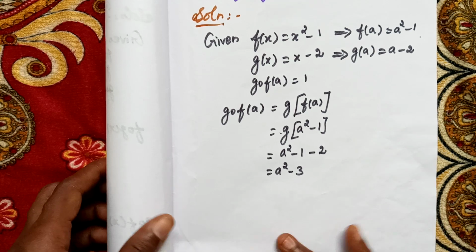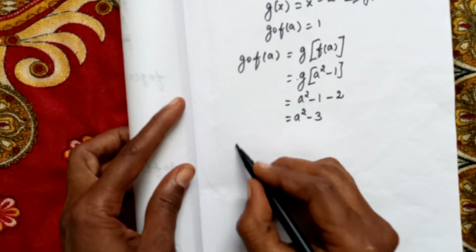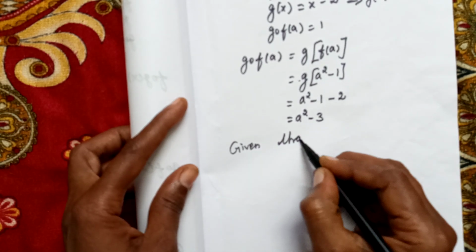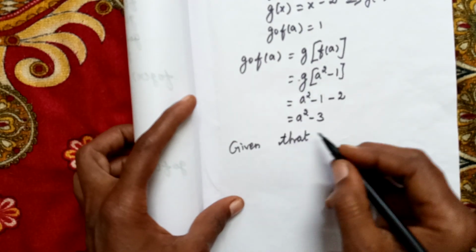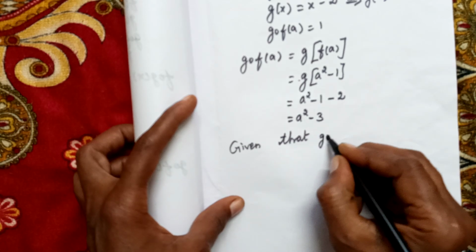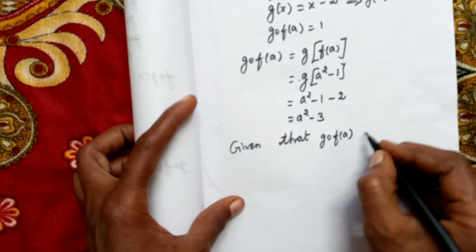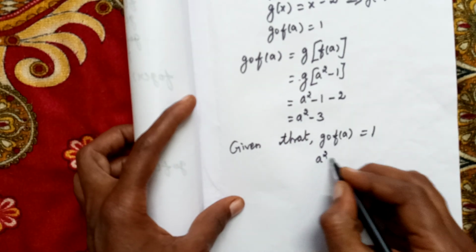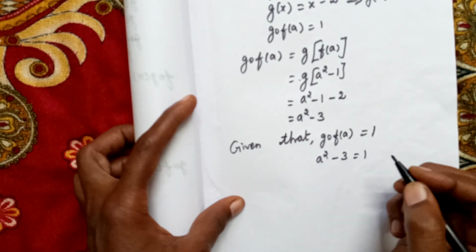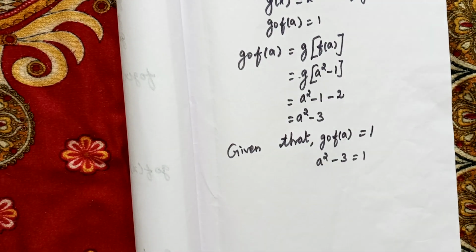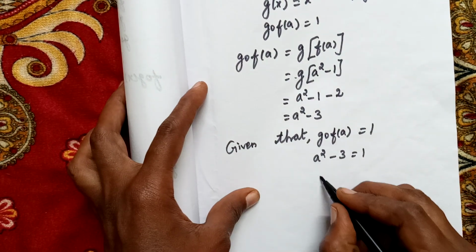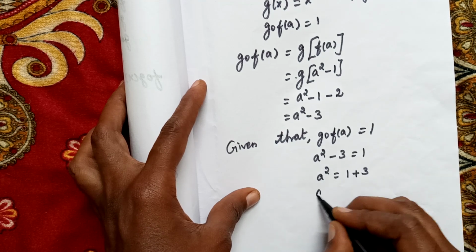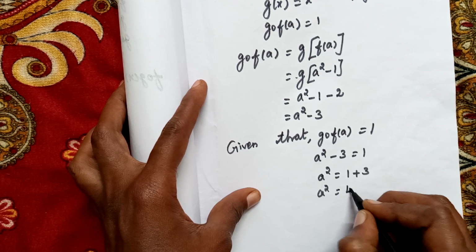Now, given that g composite f of a is equal to 1. That means a square minus 3 is equal to 1. A square is equal to 1 plus 3. A square is equal to 4.